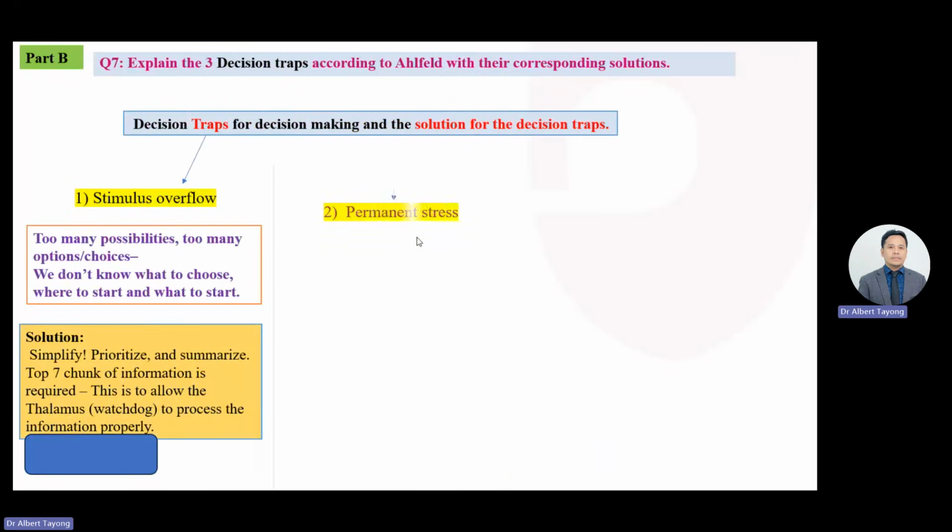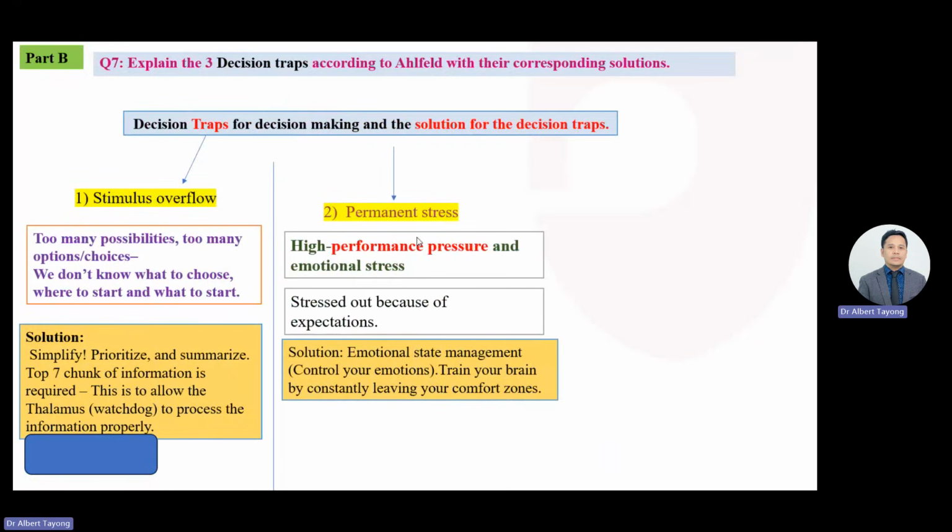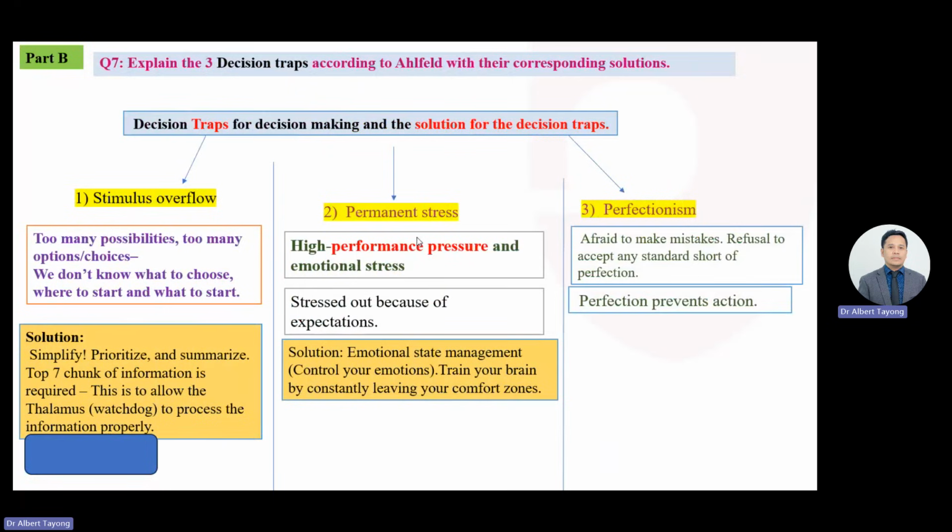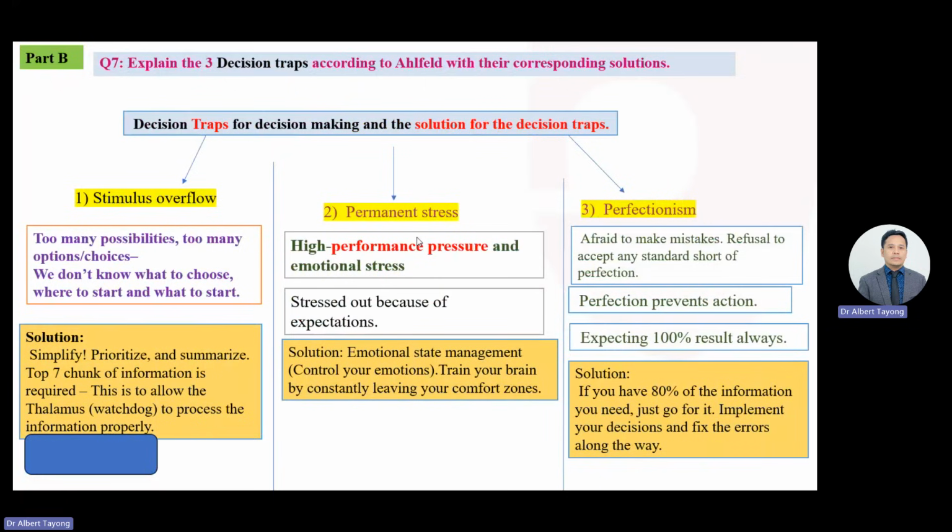Okay, so these are decision traps. It means these are the blocks to decision making. People are not able to decide properly because of these three main factors. The first one is stimulus overflow. It means too many possibilities, too many options or choices.